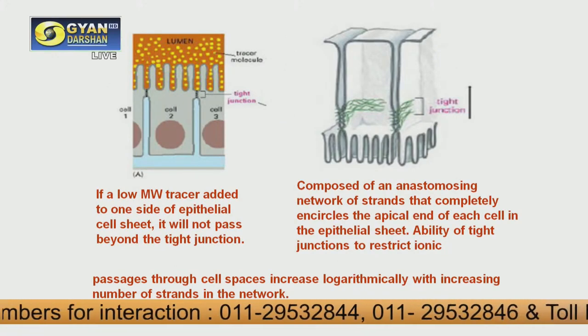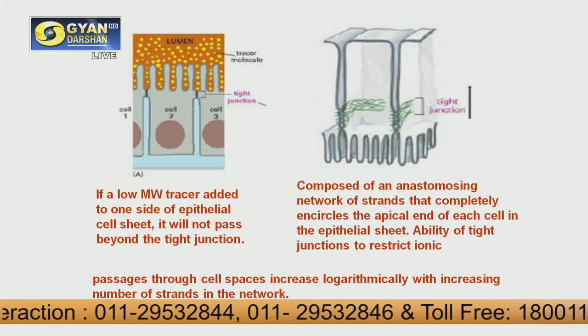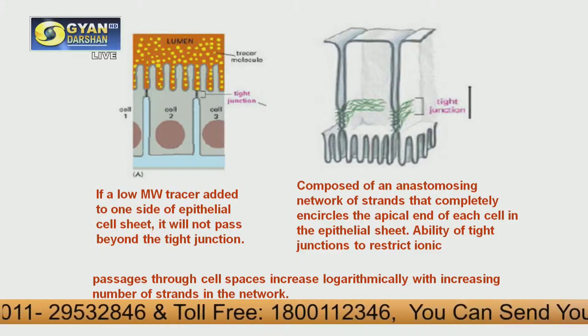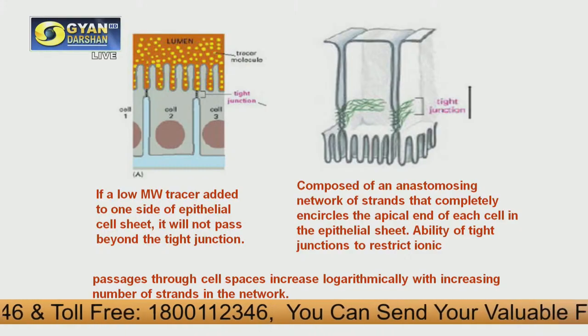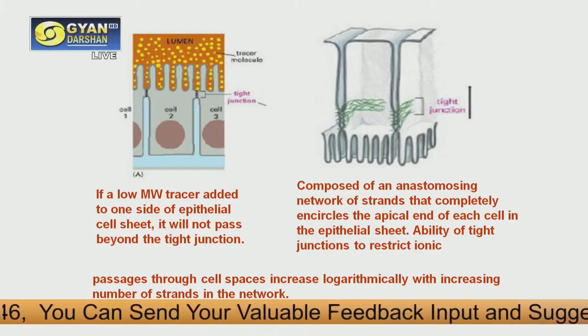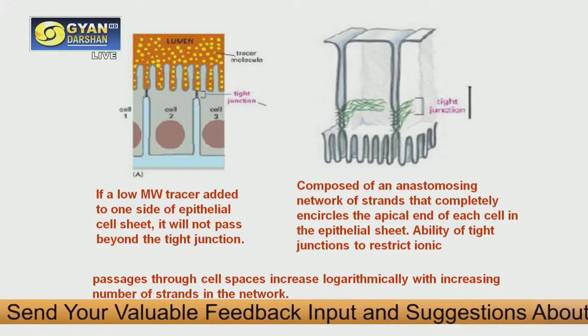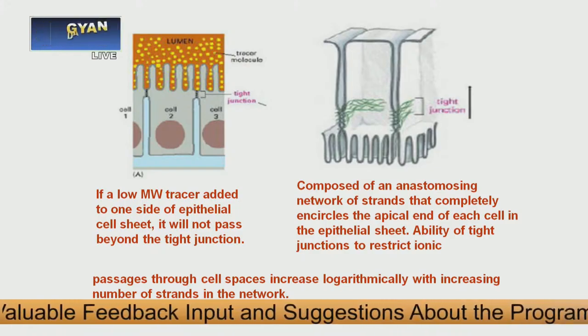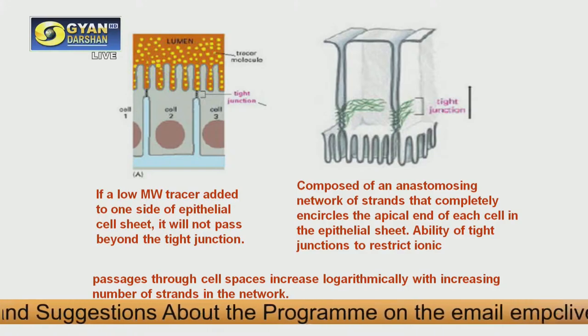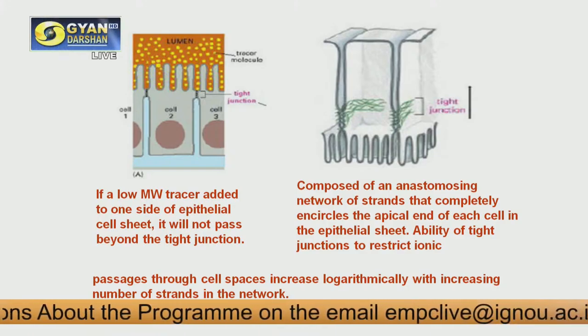If you add any tracer molecule to one side of an epithelial cell, it can be an intestinal cell or any epithelial cell, you will see that it will not pass beyond the tight junction.